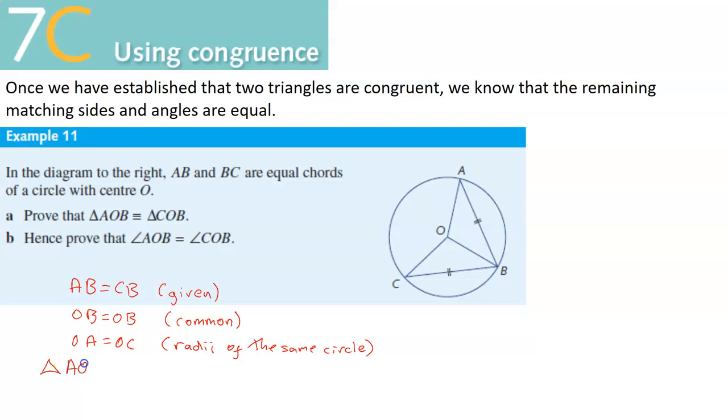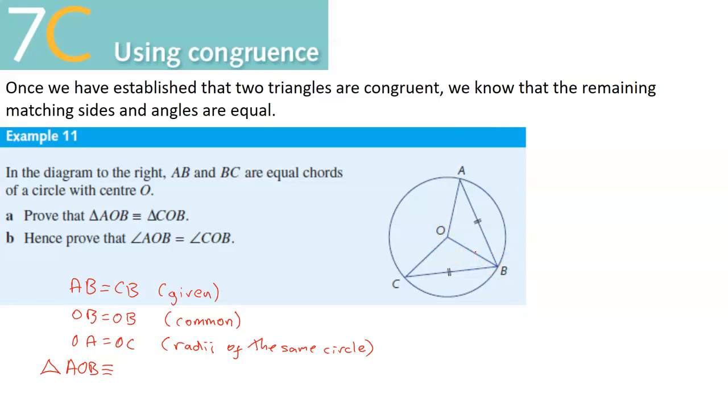Triangle AOB is congruent to, now let's just double check that the letters are in the right order. So point A joins the centre of the circle, is where the radius and the line with the 2 lines on meet. Now that's actually a bit confusing because this line OB is also a radius.